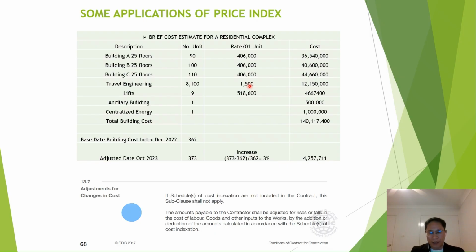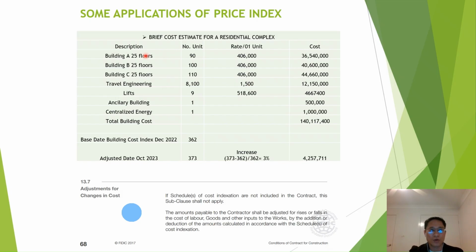So a consultant firm may be engaged by the client to provide the brief cost estimates, but in case the client hasn't engaged a consultant firm, they may instruct their in-house quantity surveyors, maybe the contract or commercial department, to come up with a brief cost estimate.